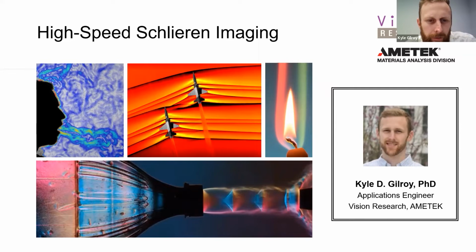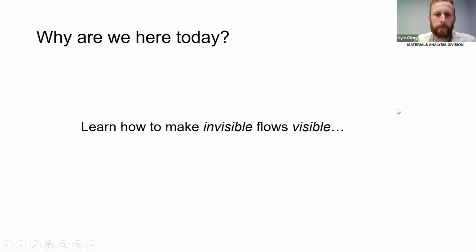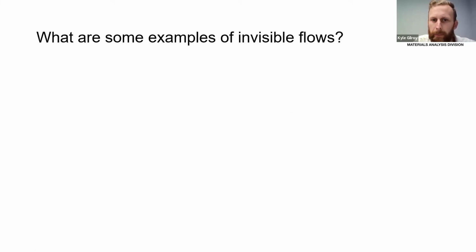So today we're going to be giving a very short webinar on high-speed Schlieren imaging. The first thing that I would like to ask is, why is everybody here today? For the most part, I think most people would answer that it's to learn how to make invisible flows visible. So what are some examples of invisible flows that we see every day?